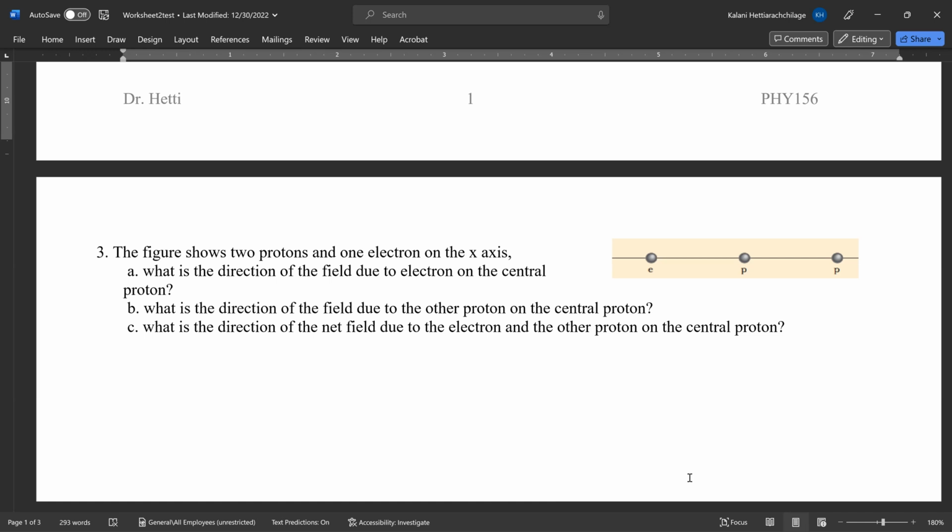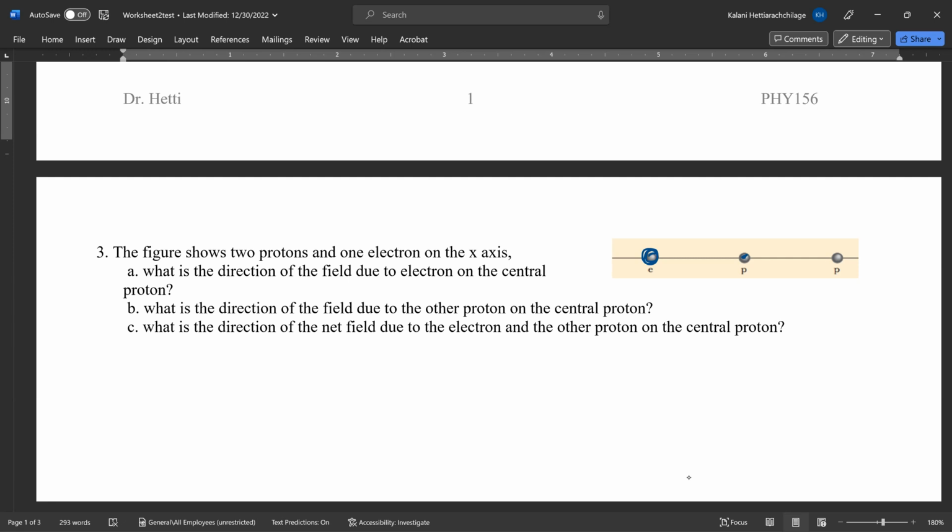Same question we had earlier. There are 3 particles, two are protons and 1 is an electron. So now what is the direction of the electric field due to the electron on the central proton? So we need to work with this electron, but this is my point of interest. We don't care what the charge at the point of interest is, the electric field direction comes from the source charge.